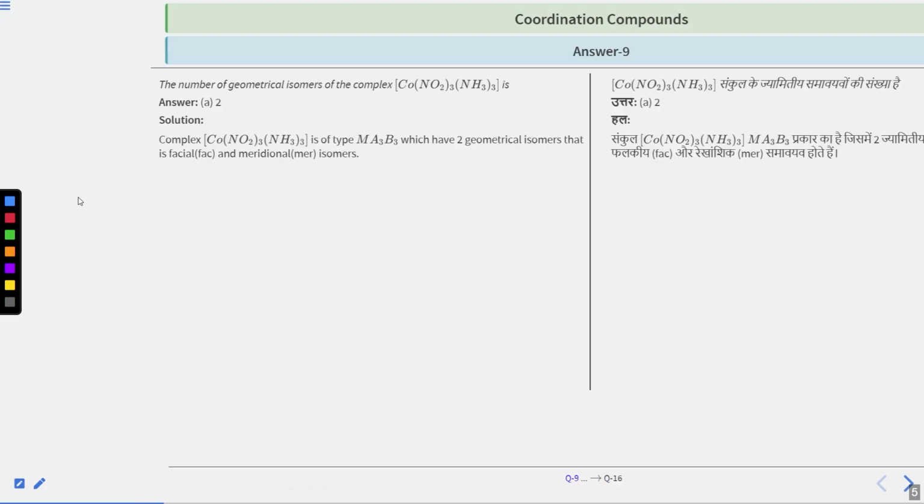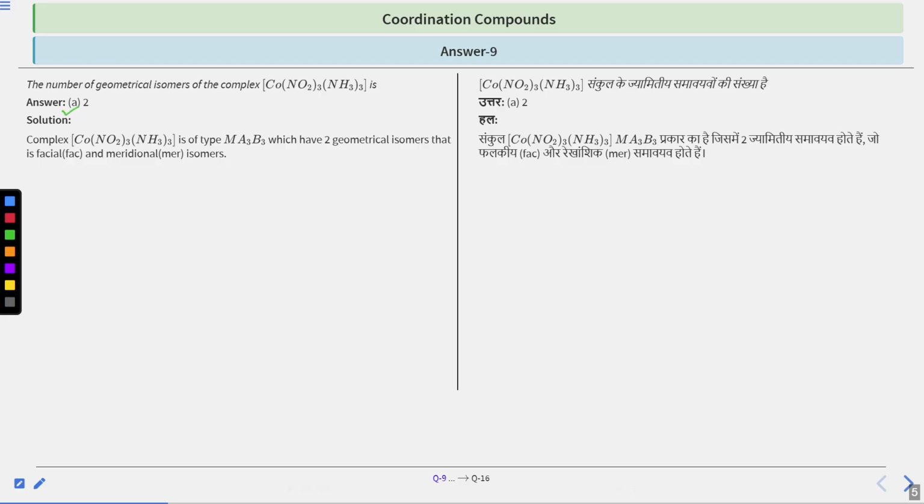Okay, let's see. The correct answer is option A, that is 2. The complex given, [Co(NO2)3(NH3)3], is of type MA3B3, right? Which has two geometrical isomers.